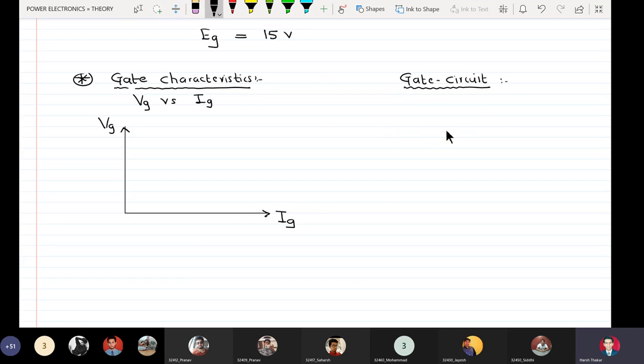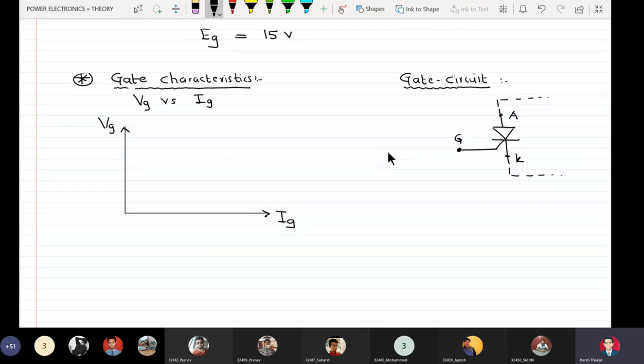Now see, the gate circuit is very simple. The gate circuit is basically like this. We have the SCR here, and we are going to draw only the control circuit here. This is my gate terminal. Okay, gate, anode, and cathode. You can have any kind of circuit here. It can either be a DC circuit or an AC circuit.